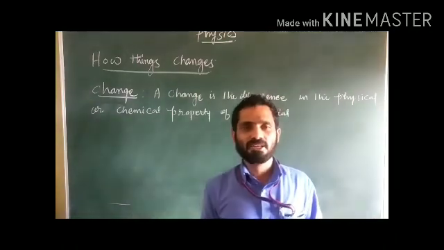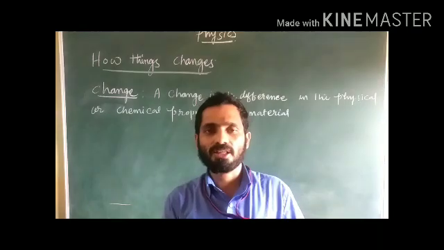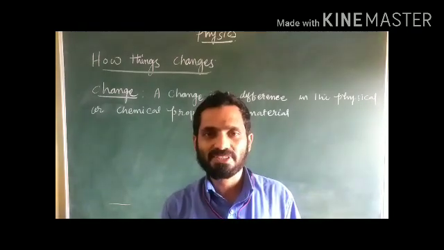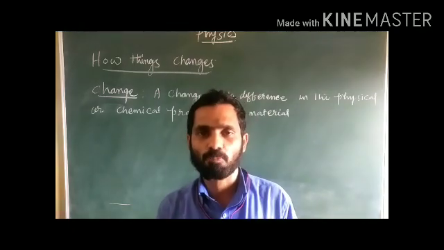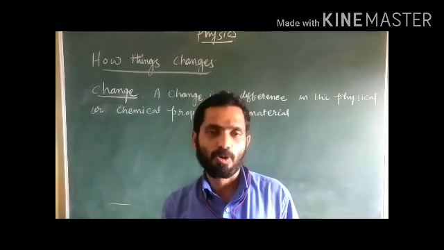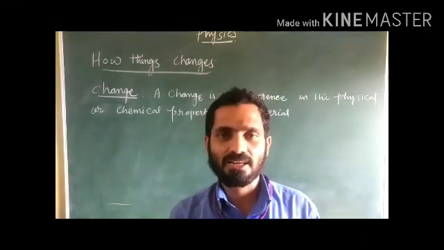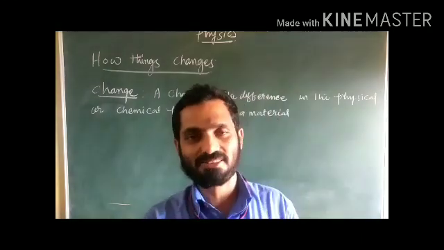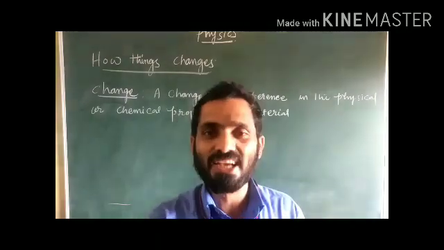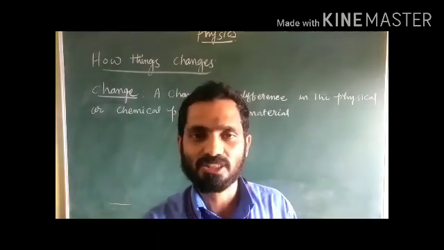Physical properties: shape, color, or size, these are all physical properties. It means physically we can see that kind of properties, and we call them physical properties. Chemical properties means the internal molecular structure, or the material which we use to make that one, that material's property.